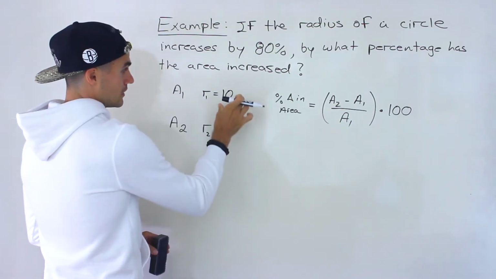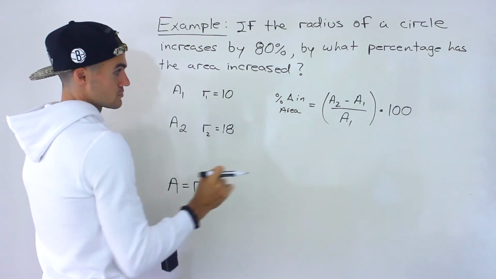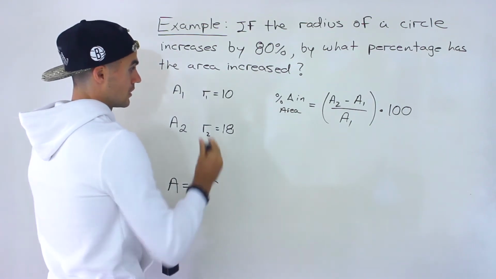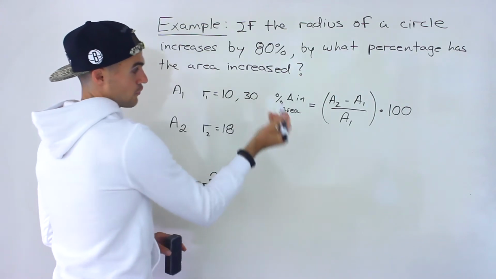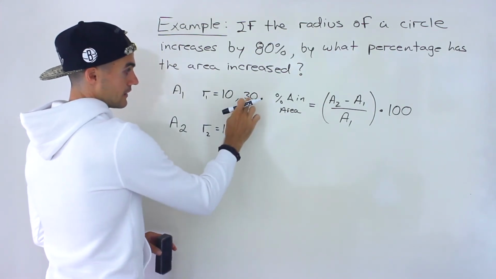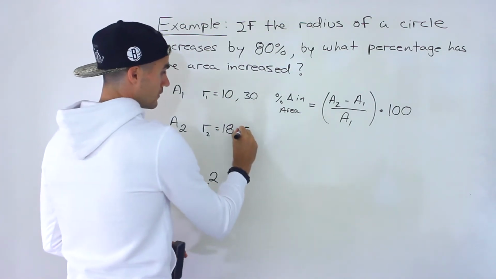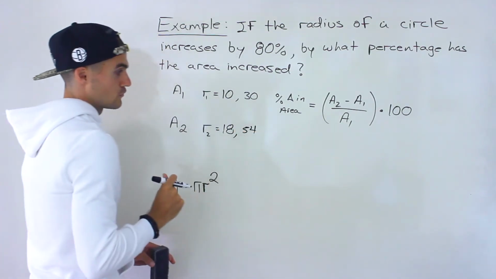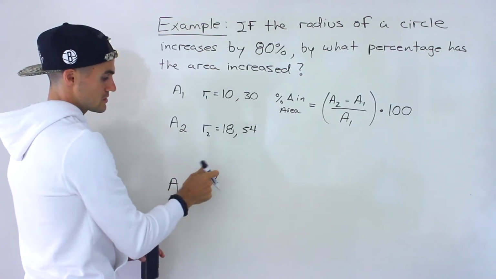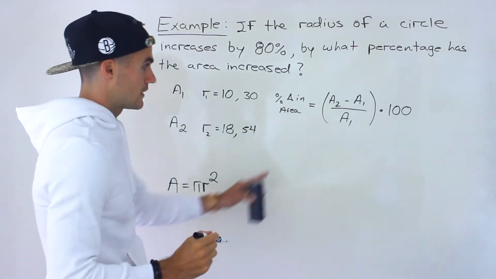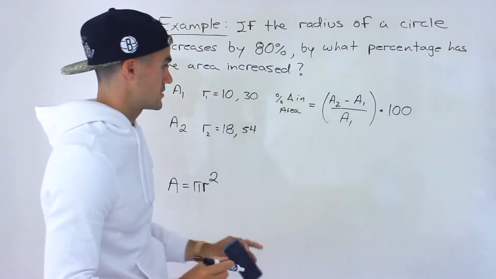Then we can plug in these radii for these areas and use that percentage change formula. Or you can use, for example, an initial radius of 30, and then 80% of 30 is 24. If we add that on, we would end up with 54. It's not going to matter which number you use after you plug in the areas, because this is on a relative basis, you're going to get the same answer every time.